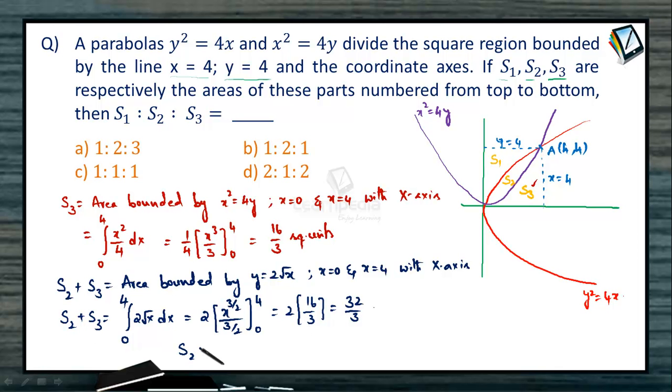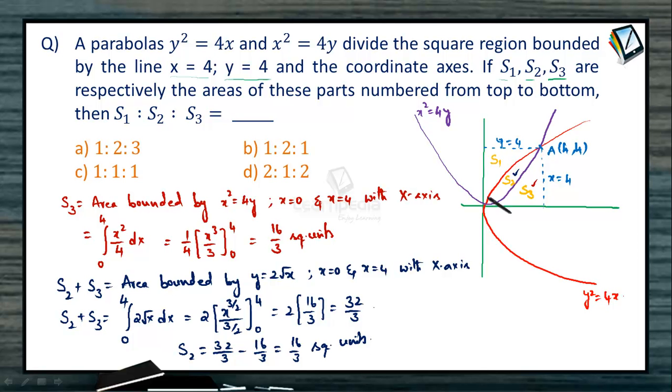So can we calculate S2? S2 would be 32 by 3 minus 16 by 3. Now 32 by 3 is the area bounded by the parabola y square equal to 4x and 16 by 3 is the area of the region S3. So this would be 16 by 3 square units. So the region S2 is making an area of 16 by 3 again.